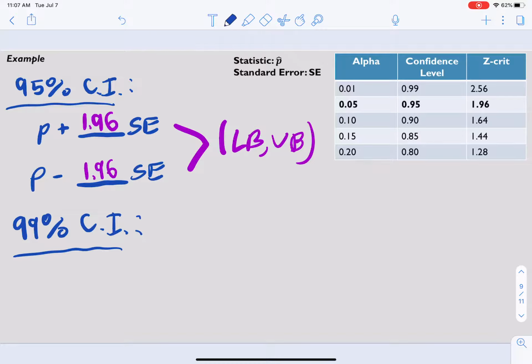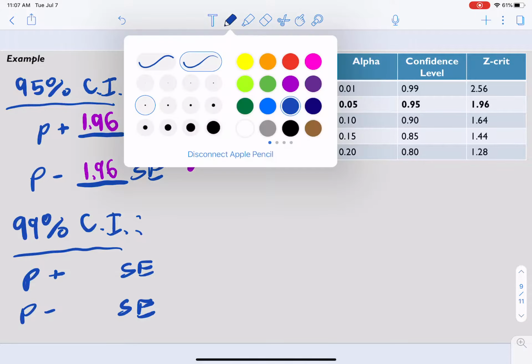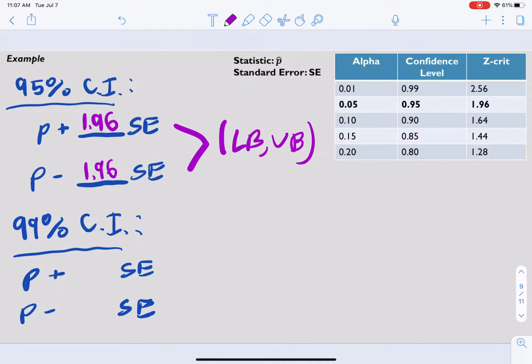Okay, anyway, you can kind of already see where this is going. We still have these two components, and then we have our standard error. But in this case, with a 99% confidence interval, we need to be more sure that our estimate is going to be somewhere in there. So in that case, we're going to use 2.56.